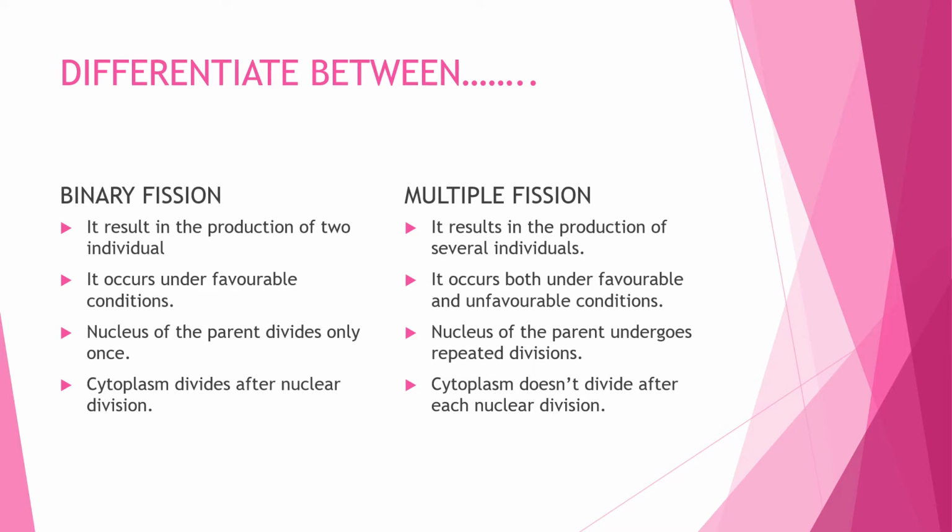As for division of the cytoplasm, in binary fission the cytoplasm divides after the division of the nucleus. In multiple fission this does not occur, and the cytoplasm divides at the end, when so many nuclei have been formed. So these are the basic differences. More differences are there, but these are the basic ones.